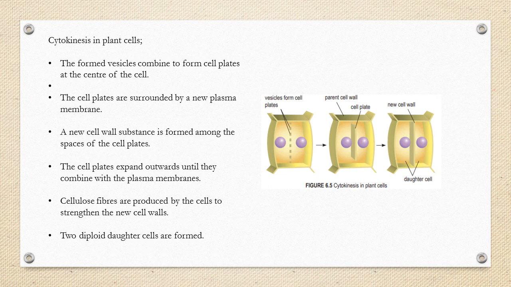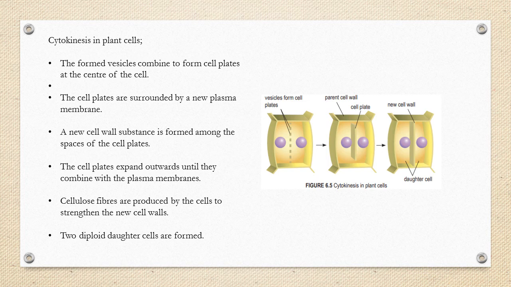So vesicles will combine to form a cell plate at the center of the cell to separate the two nuclei. The cell plate is surrounded by a new plasma membrane. A new cell wall substance is formed in the space of the cell plate. So there is a space between the cell plate, and it will form a new cell wall.